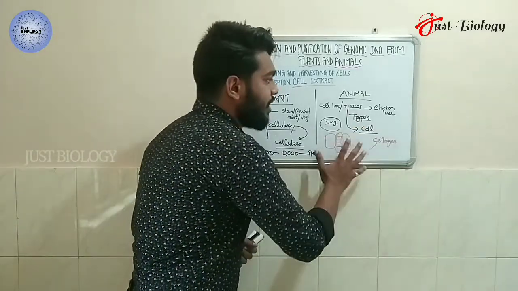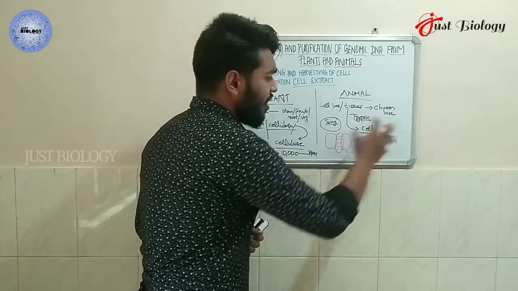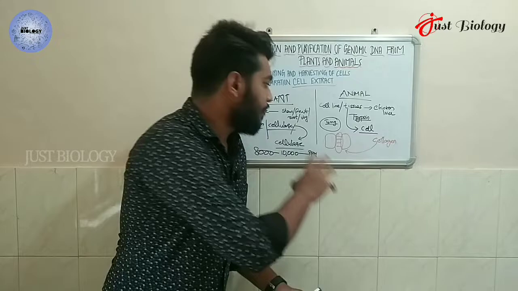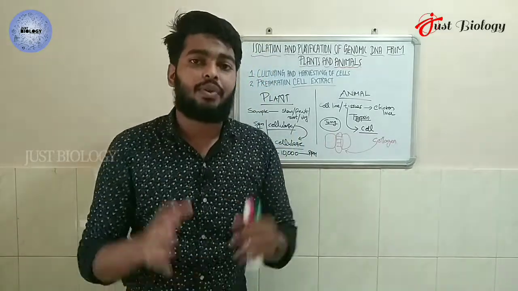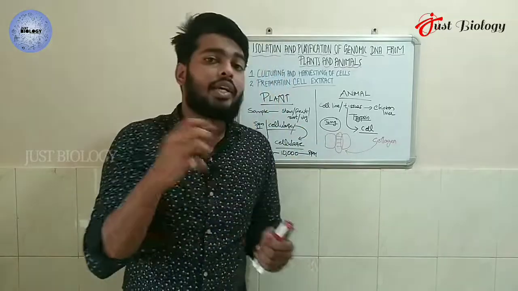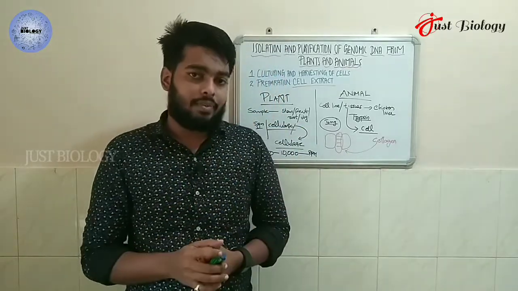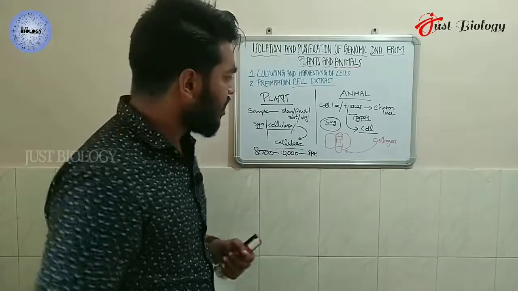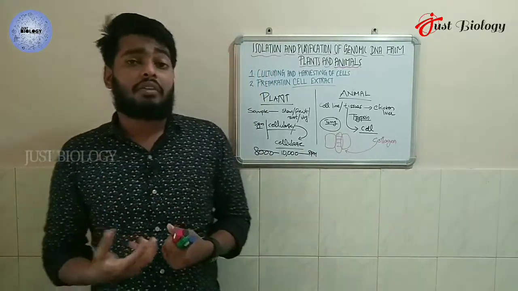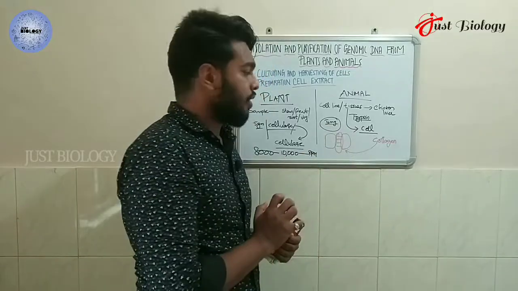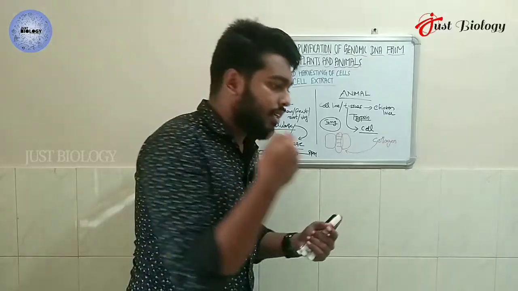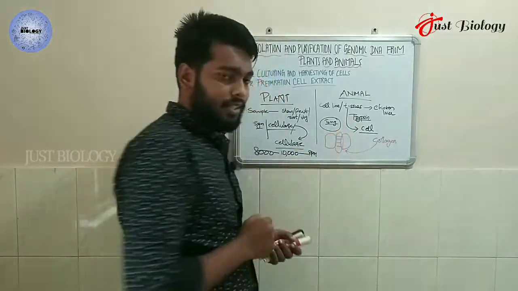So what do SDS and EDTA do? They break the cell membrane with the help of EDTA. EDTA will absorb all the magnesium ions from the cell membrane. If the cell membrane loses the magnesium ions, it loses its architecture, and then we can easily lyse it with SDS.